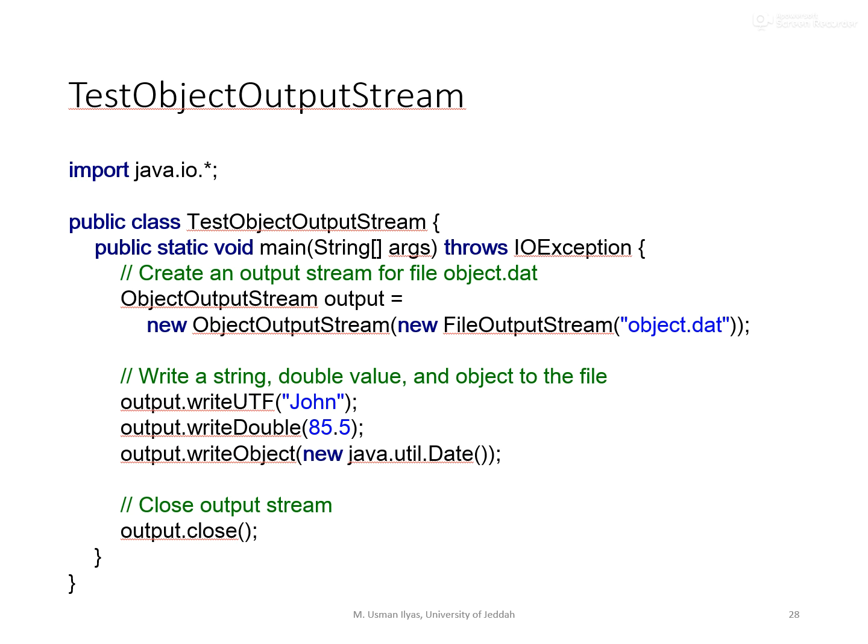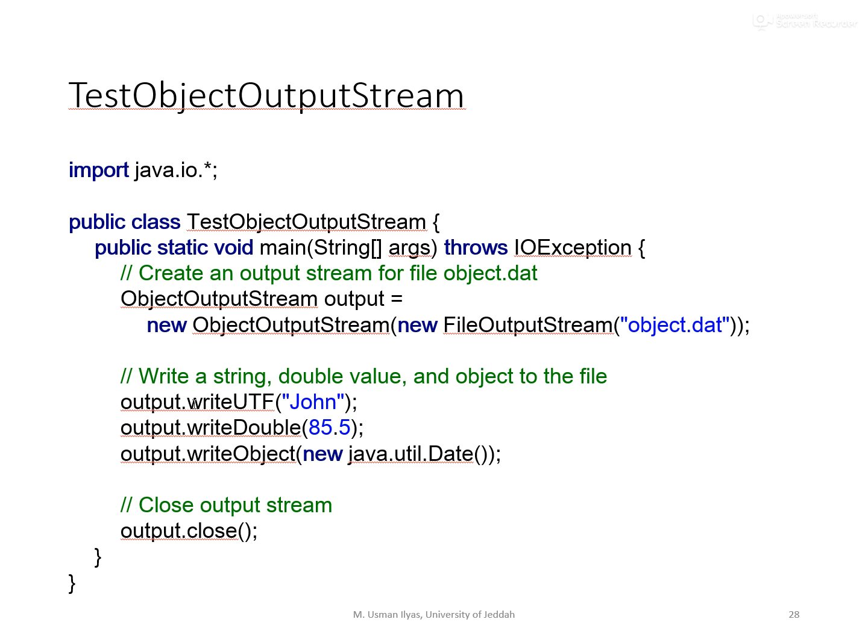The first one is called test object output stream, and it contains only a main method. It creates an object output stream object, very similar to the buffered output stream class that we used last week, called output.